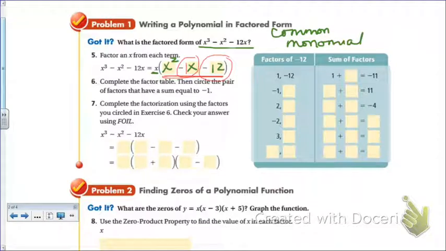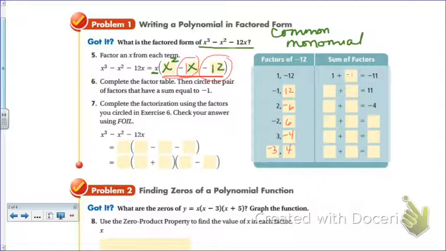So factors of -12: 1 and -12, -1 and 12, 2 and -6, -2 and 6, 3 and -4, and -3 and 4. Those all give me a product of -12.